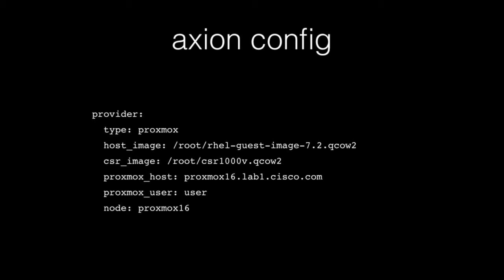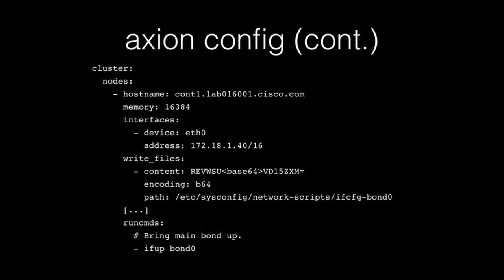And then the most interesting part, which is the description of all the nodes that Axion will provision. Here, it's just an example of the kind of stuff that you can do. You can decide the hardware characteristics, CPU, memory, interfaces, and you can also write files. And again, for this kind of stuff, we leverage Cloud Init, which can do all of these things.